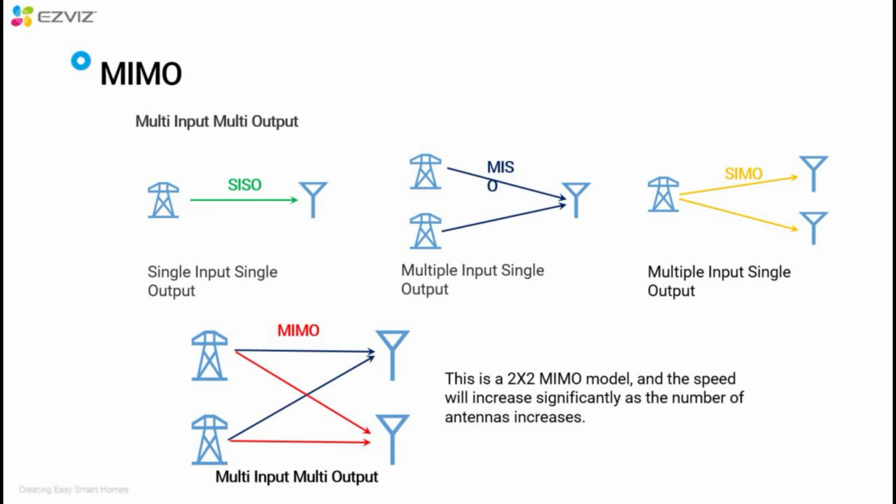Instead of the traditional data transmission, the MIMO module is the 2x2 module. It's multi-input and multi-output. There are different links to transmit the data, and the speed will increase as the number of antennas increases.